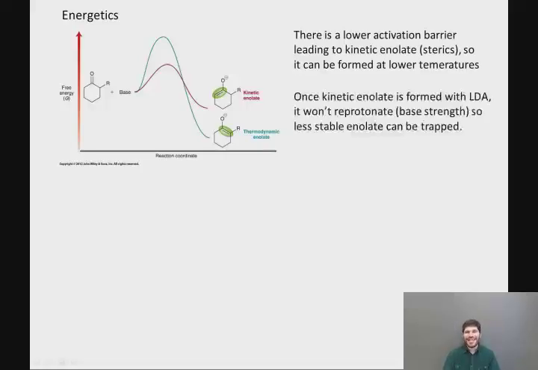Once the kinetic enolate is formed with LDA, that's where everything's going to end up. It's not going to go backwards. It won't reprotonate because LDA is such a strong base, you're not going to want to go backwards and generate more of that strong base. So in this case, the less thermodynamically stable enolate, the one that's higher in energy, can be trapped, so to speak.